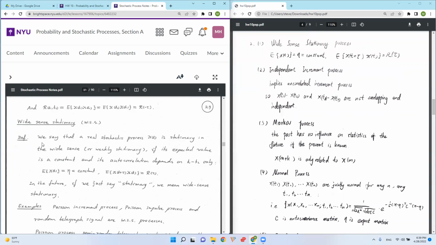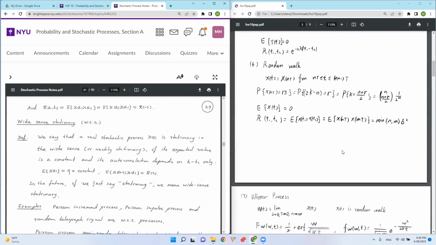In the lecture notes, we say that a real stochastic process x(t) is stationary in the wide sense if its expected value is a constant and its autocorrelation depends on t1 minus t2 only, which basically means that when the time t shifts by a value, its expected value and autocorrelation will not change.